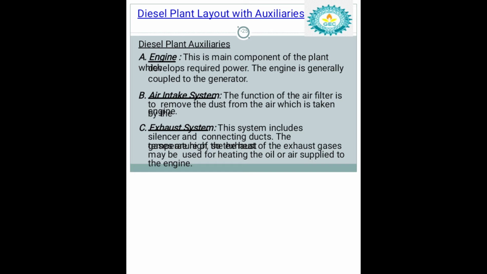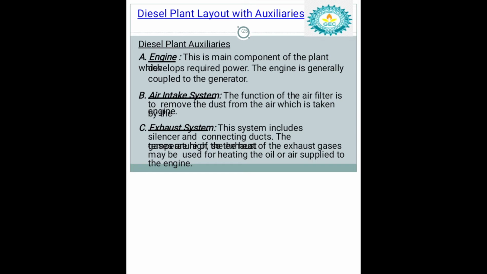Engine. This is the main component of the plant which develops the required power. The engine is directly coupled to the generator. What does the engine mean? It mainly develops the required power and it is coupled to the generator.